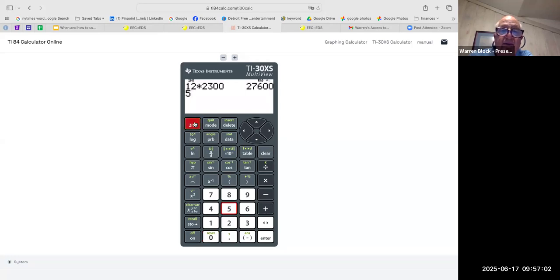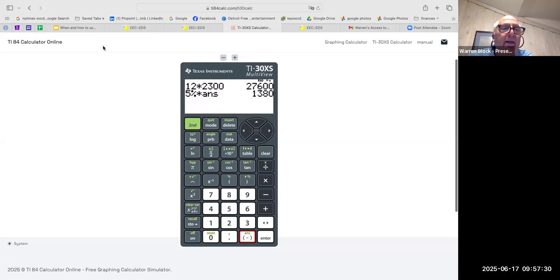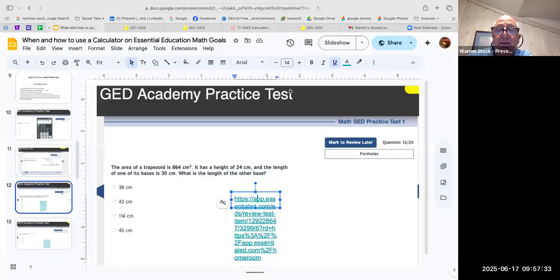I'll use this little key. And that's 1380. That's not good. It doesn't sound right. No. So I'm going to kick it out.